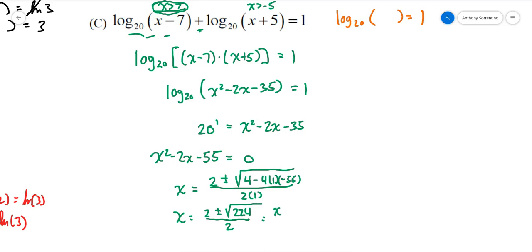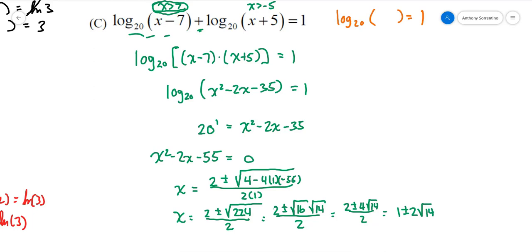which can be further simplified. It can be further simplified into 2 plus or minus the square root of 16 times the square root of 14 all over 2, which gives me 2 plus or minus 4 square root 14, which means I'm going to have 1 plus or minus 2 square root of 14.